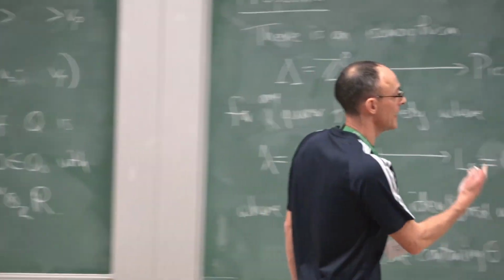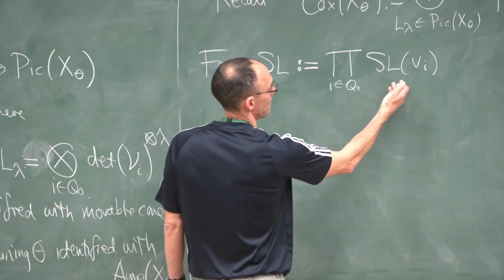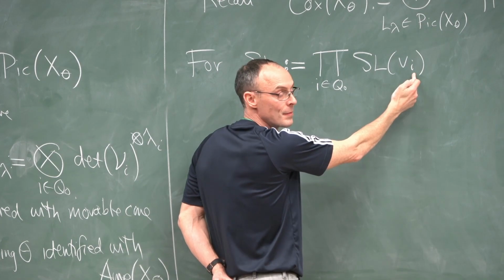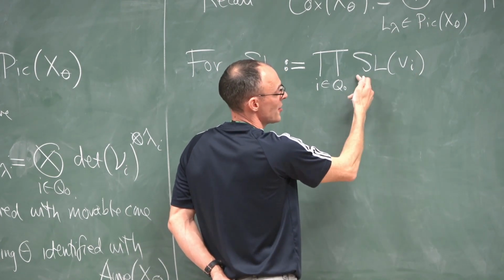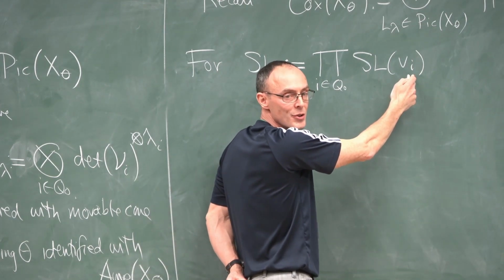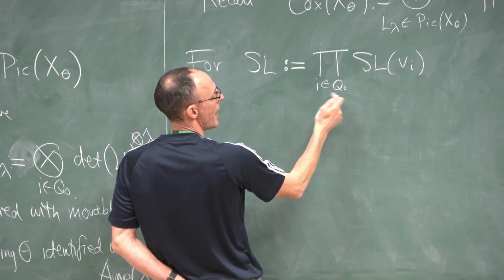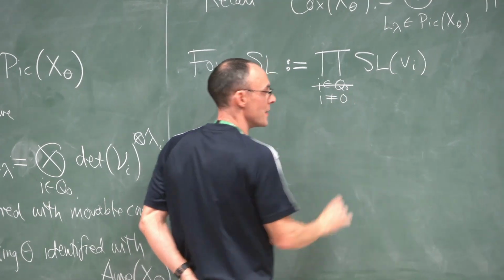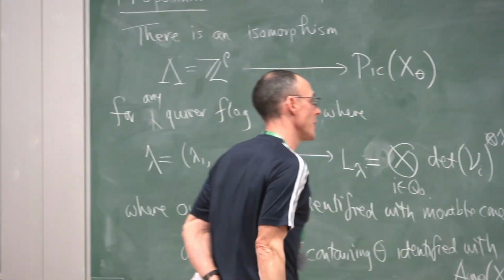And so this sits inside the product of all the GLs, but of course GL of V_0 is GL_1, so SL of V_0 is trivial. So in fact, I've said i in Q_0, but I can equally well say i is not the zero vertex, because I'm dealing with GL_1 there.